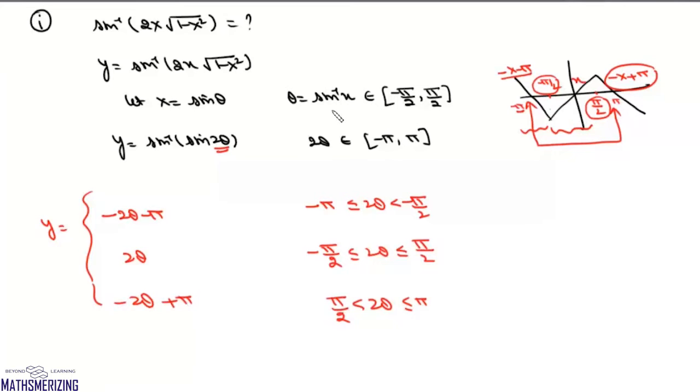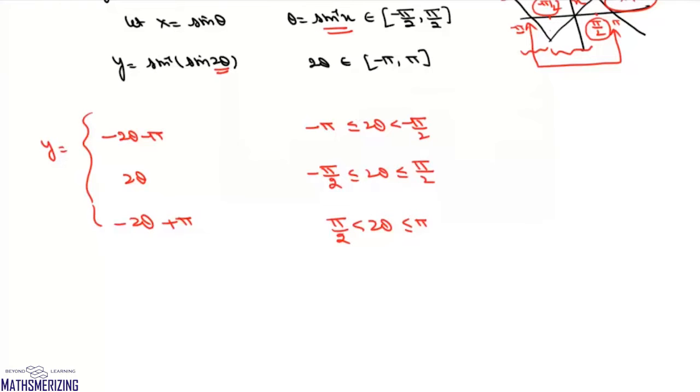Now we'll replace theta with sine inverse of x. So we can write y equals minus 2 sine inverse of x minus pi when minus pi is less than or equal to 2 sine inverse x, less than minus pi by 2.